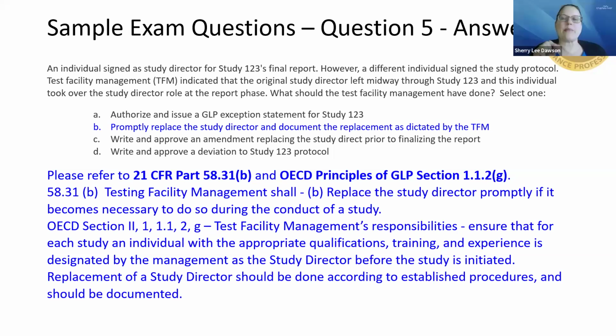So it's coming back to responsibilities, not necessarily write and approve an amendment. Yeah, that's great, but should TFM do that, right? So it's all just in the subtle wording. Not every question will be like that. So don't stress, there are certainly going to be some that are a little bit trickier and you have to really take the time to pause. But if you're not sure, put in a response and come back to it later, because again, it is a bit of a time crunch.